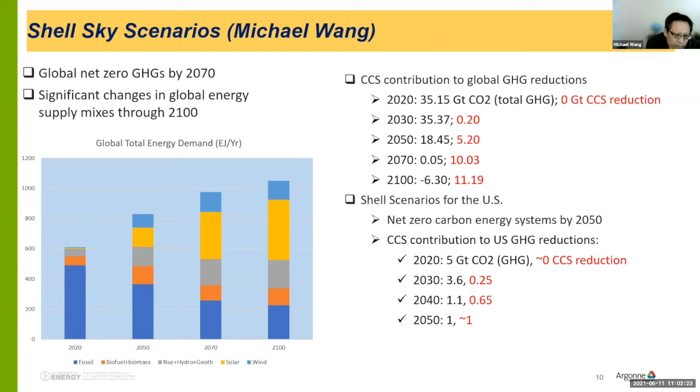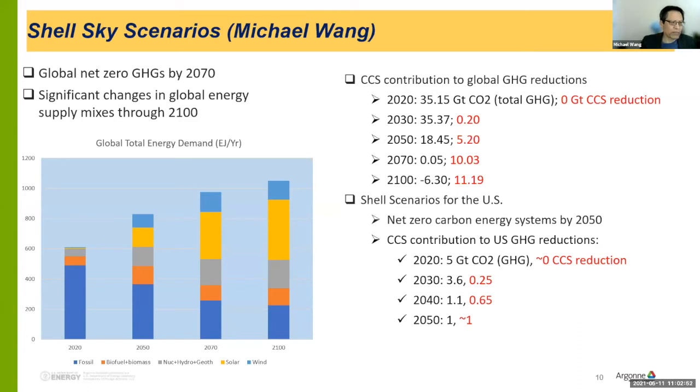In 2020, the total greenhouse gas emissions in the US will be 5 gigatons with zero CCS reduction. By 2040, 1.1 gigatons of CO2 emissions with 0.65 gigatons of CCS reduction. At 2050, 1 gigaton of emissions and 1 gigaton of CCS CO2 reduction.